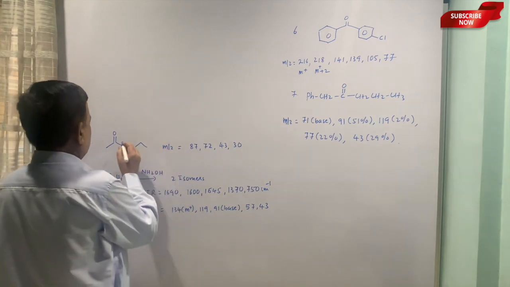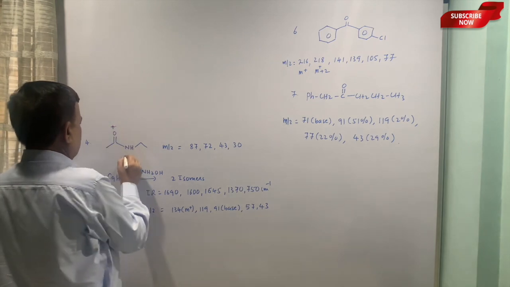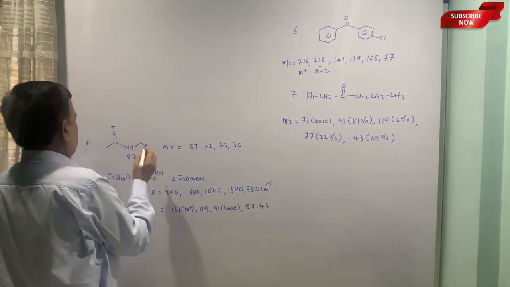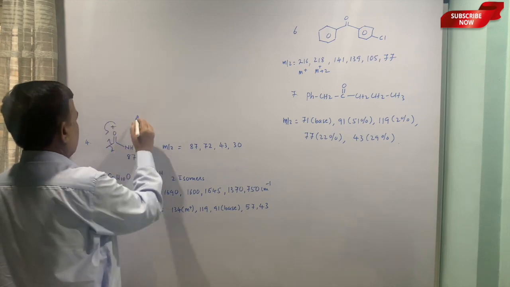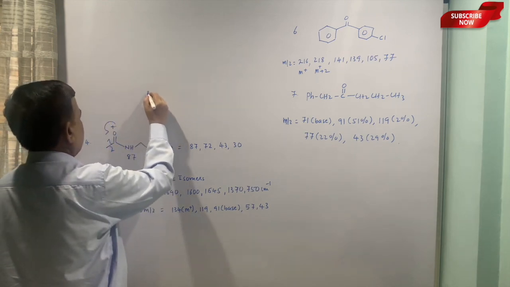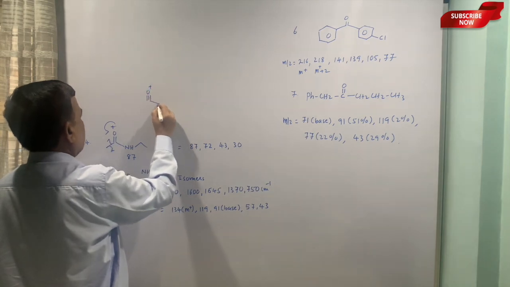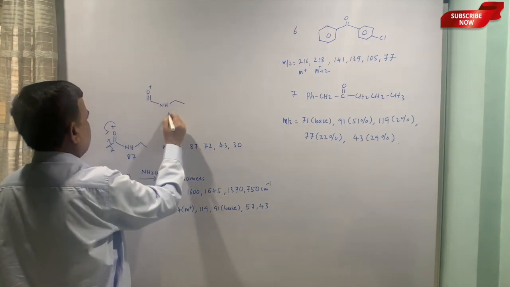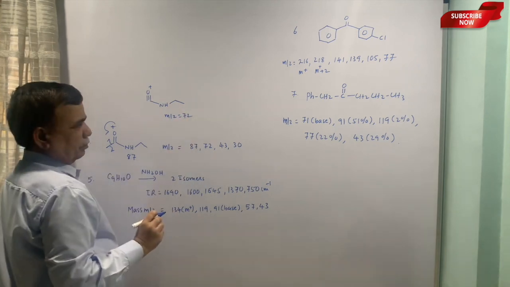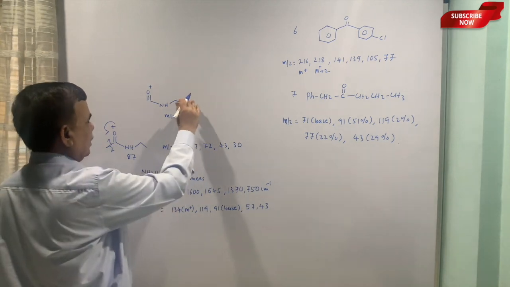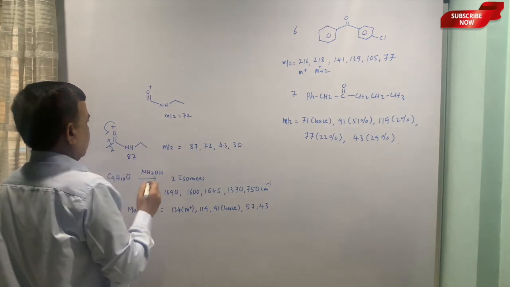Okay. Now let me put radical cation. This is 87. If one of the methyl goes off, now let me show this methyl is going off. So you will be having O plus NH. This is M by Z is equal to 72. Or alternatively you can break the other group also.